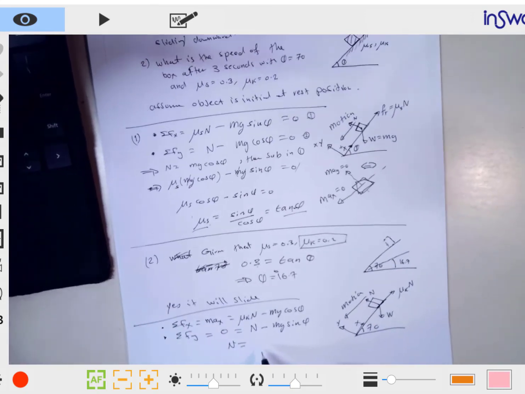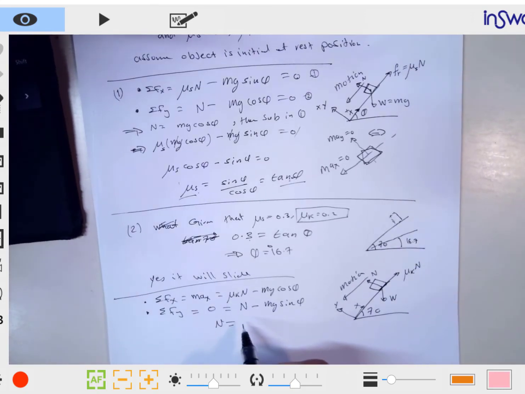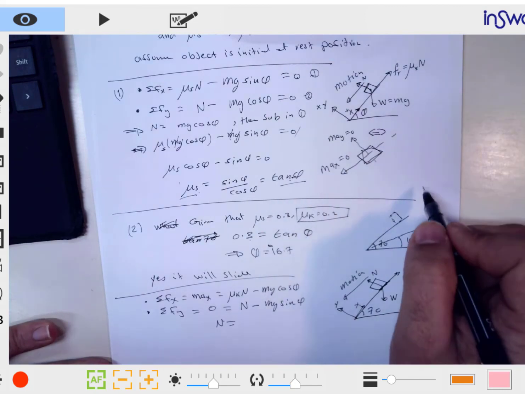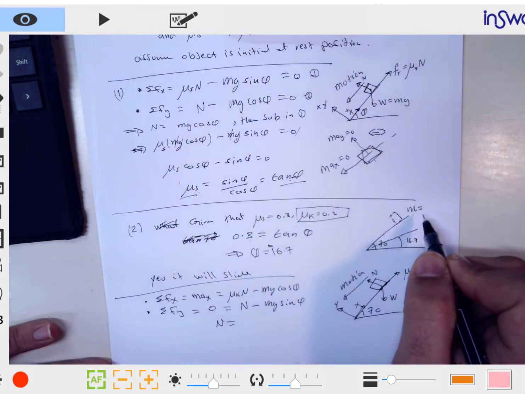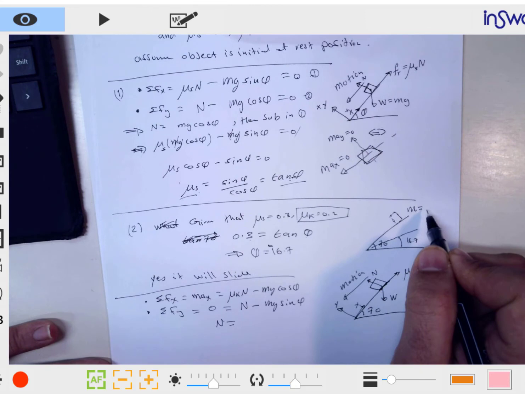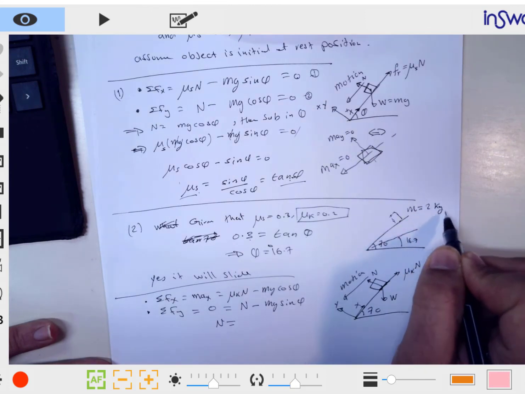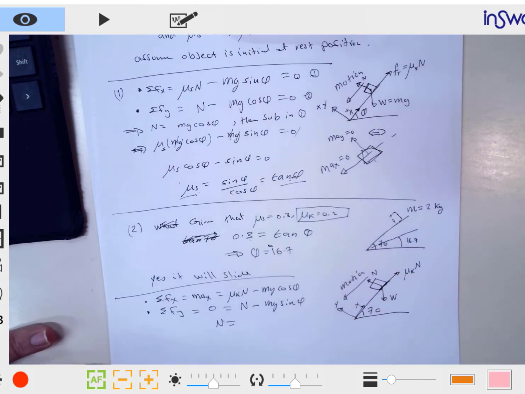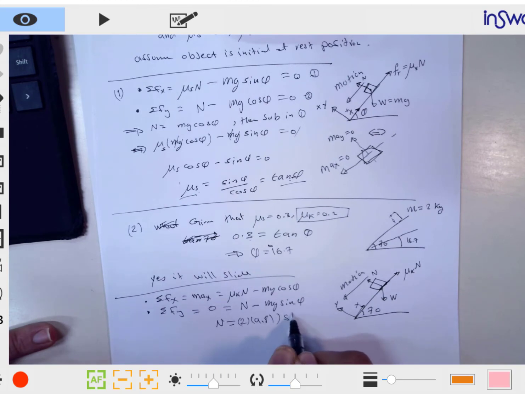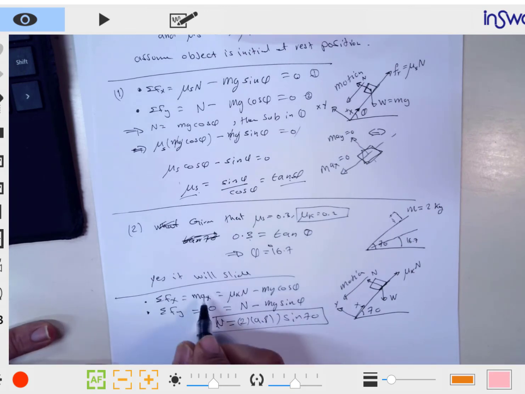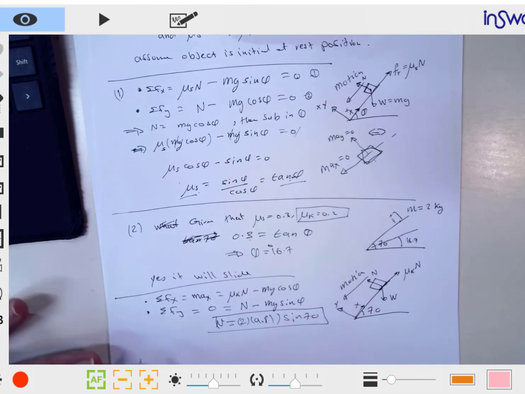Well, I did not give a mass, so let's say the mass is m equal to 2 kilogram. So this was not given initially, so let's define it now. So this is equal to 2 times 9.81 times sine 70. Okay, this is the first thing.